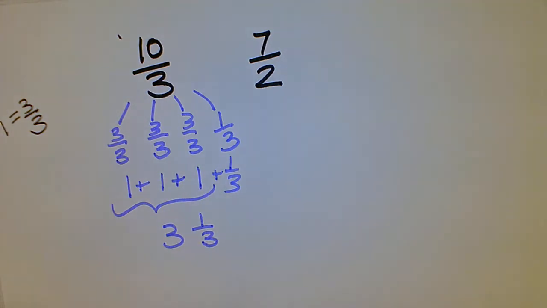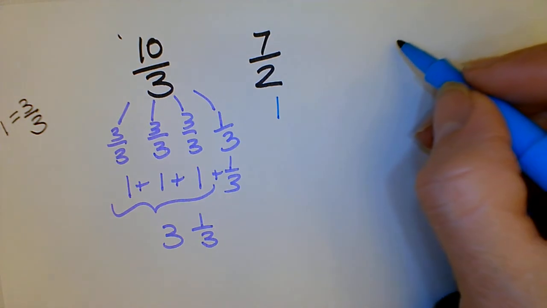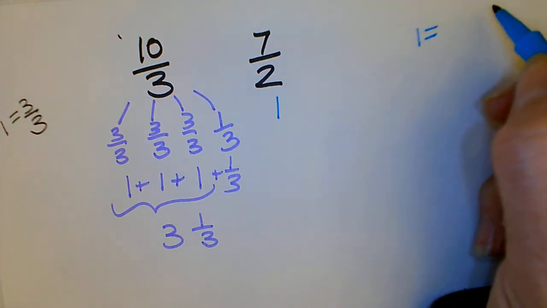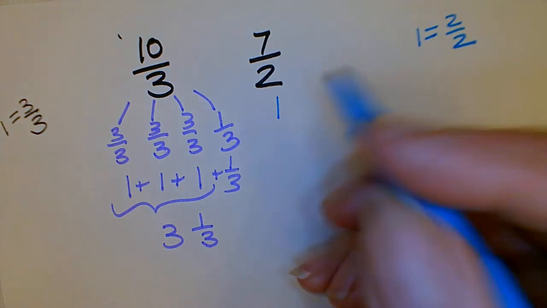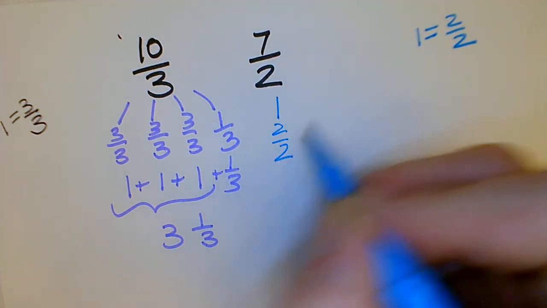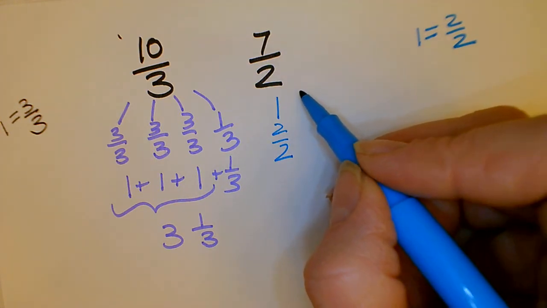Okay, so now let's decompose this one. So let me grab a different color for us to decompose that one. I think blue will be okay. In this case, what I know is that 1 is equal to 2 halves, or 2 seconds. That would make up one whole. So I want to pull 2 seconds out of this. So I pulled out 1. So I had 7, now I have 5.